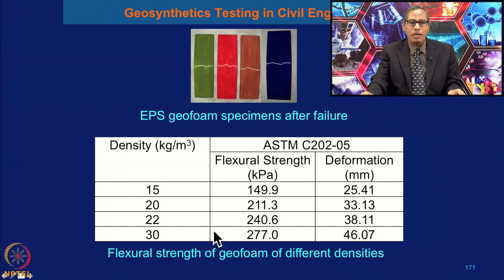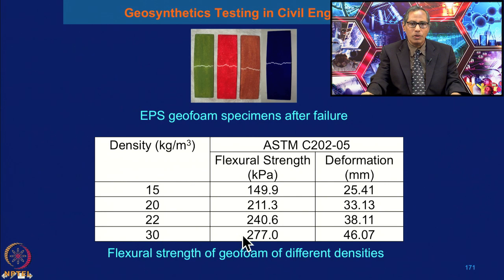When the density of the EPS geoform is 30 kg per meter cube, the flexural strength of the EPS geoform material will be about 277.0 kilopascal and corresponding deformation is 46.07.